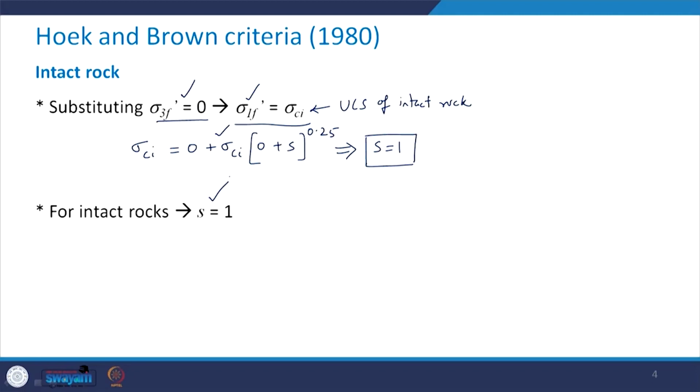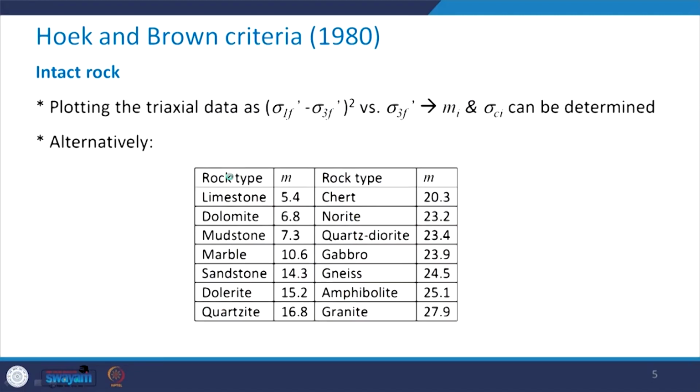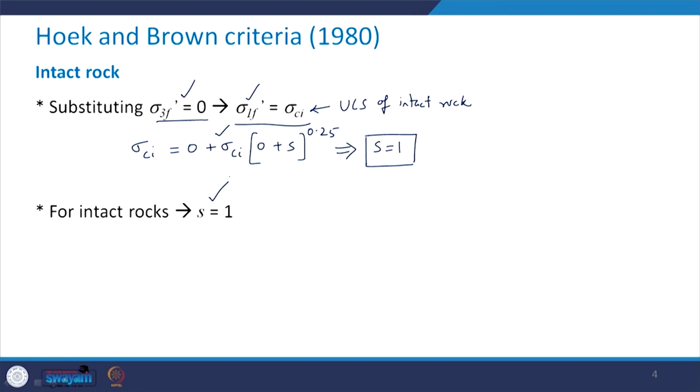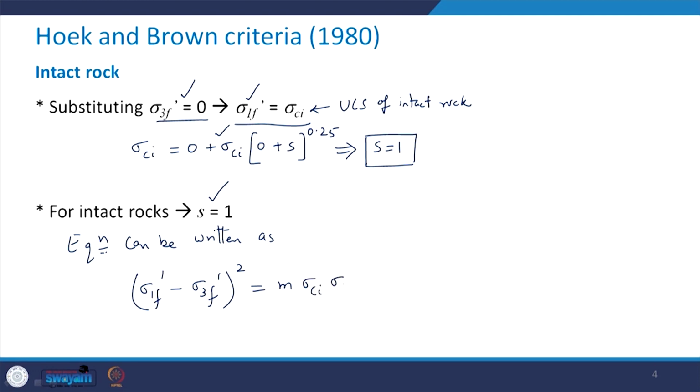Now, if we just substitute s equal to 1 in the Hoek and Brown criterion equation, that equation can be written as sigma 1f prime minus sigma 3f prime whole square is equal to m sigma ci sigma 3f prime plus sigma ci square.